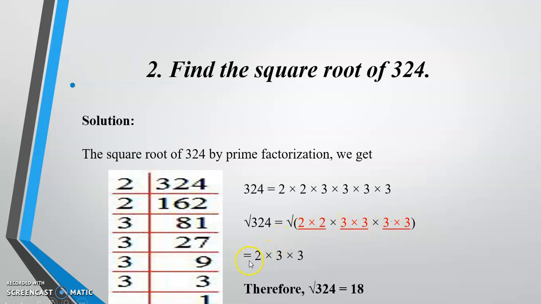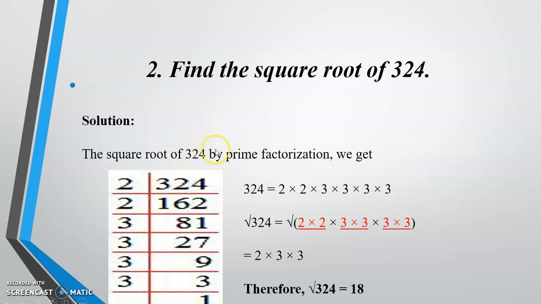So this is now 2 times 3 times 3. Therefore, the square root of 324 is 18, because 2 times 3 is 6, and 6 times 3 is 18. So the square root of 324 is 18.